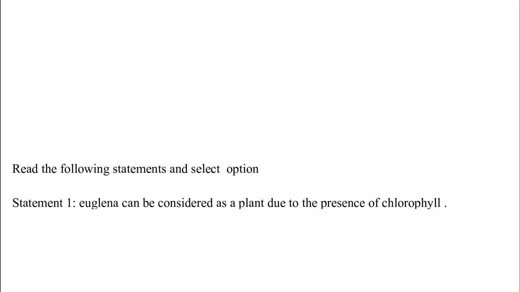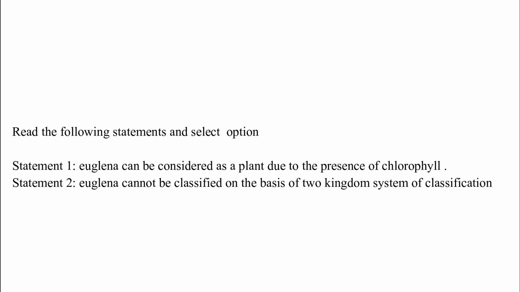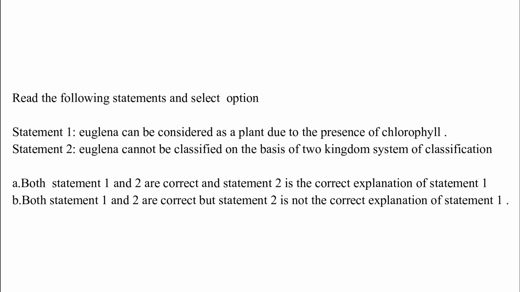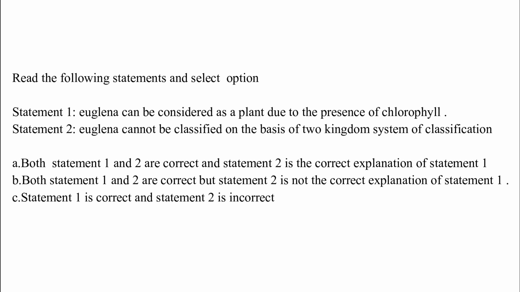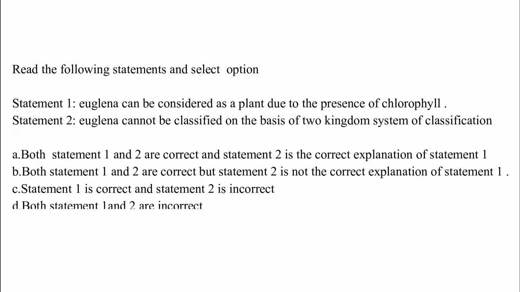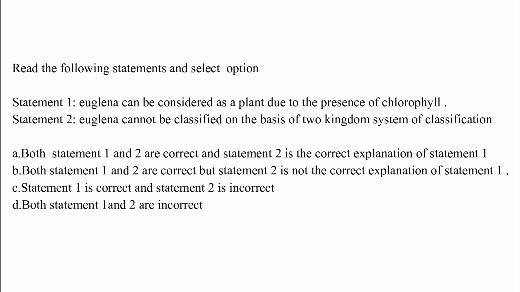Read the following statements and select the correct option. Statement 1: Euglena can be considered as a plant due to presence of chlorophyll. Statement 2: Euglena cannot be classified on the basis of the two kingdom system of classification. Option A, both statements 1 and 2 are correct and statement 2 is the correct explanation of statement 1.